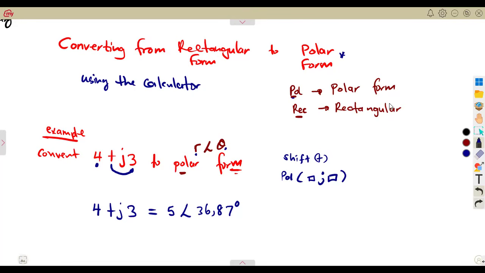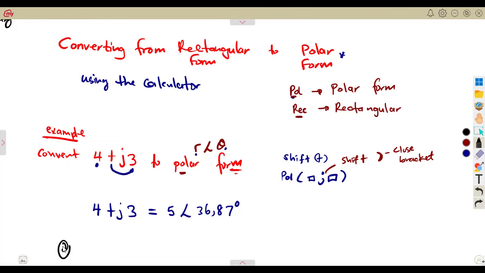Use the other one, accessed with Shift, the closing part of the bracket. Then you close the bracket that you inserted, then equals. With this, you can convert anything, whether there is a negative or not.